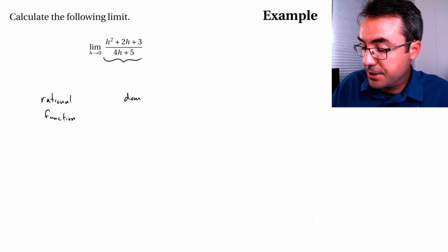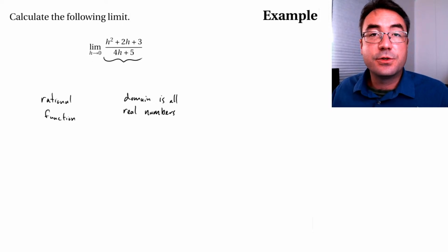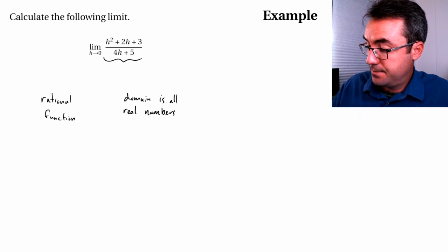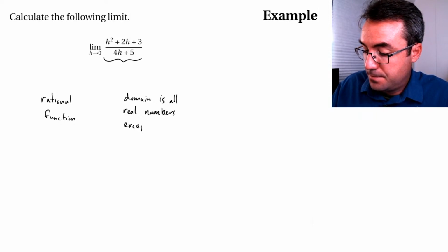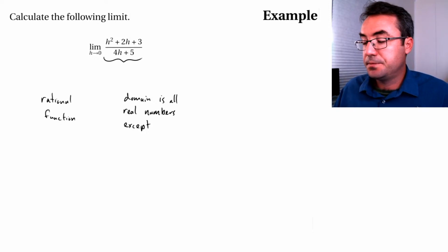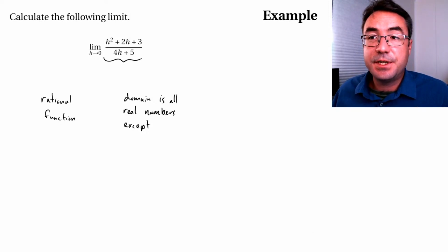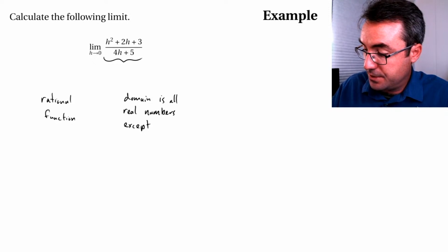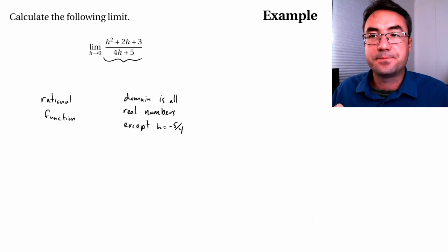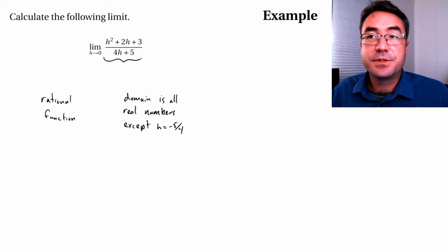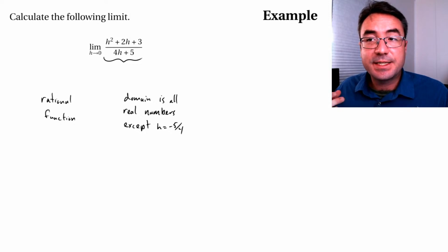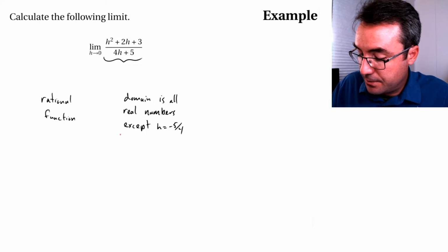So the domain of this rational function is all real numbers except, and we have to throw out the numbers where our denominator is equal to 0. And in this case, the denominator is equal to 0 at h equals negative 5 over 4. So the domain of this function is all real numbers except where the denominator is equal to 0.